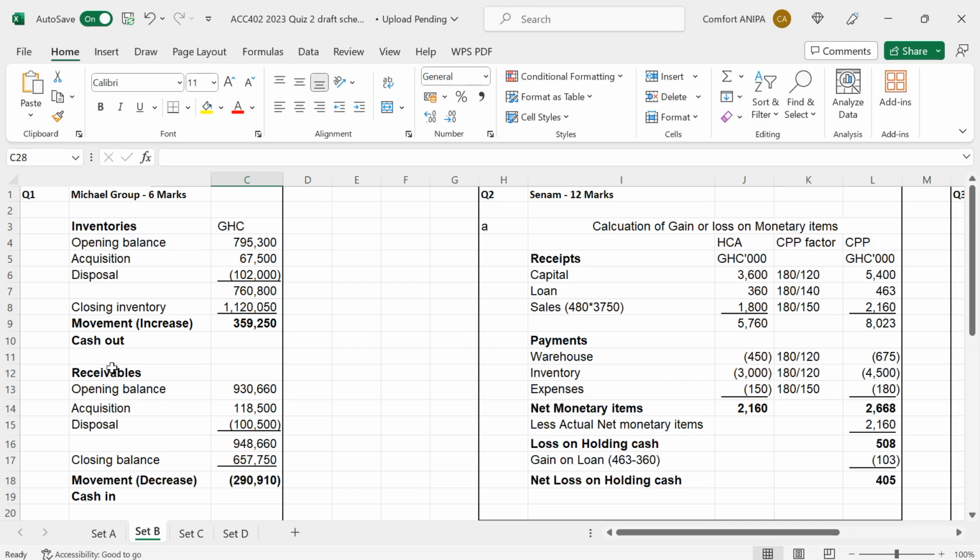So that gives you your sales. That's why it is 480. The 60% of 800 times 3,750 is what you are dealing with as your sales here.